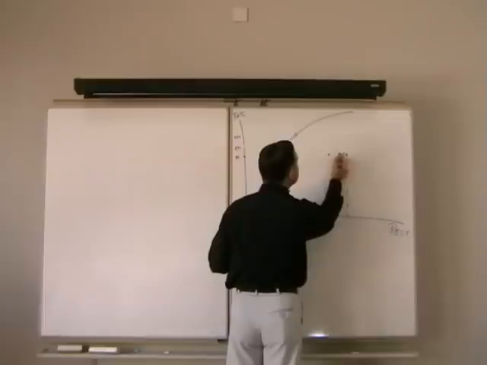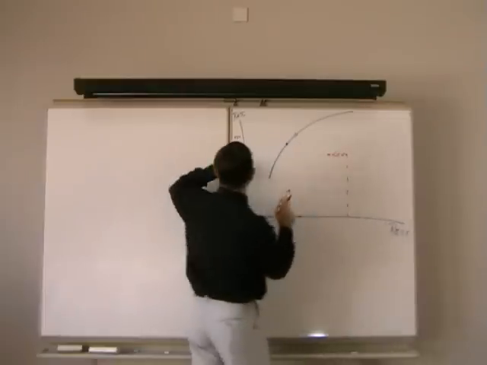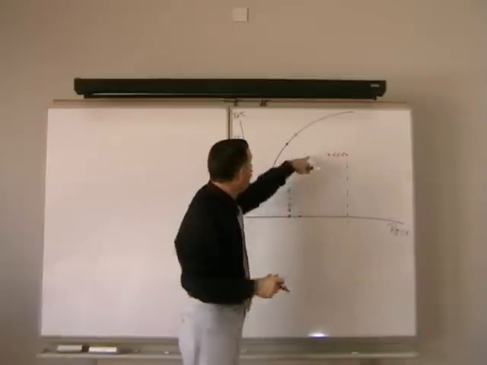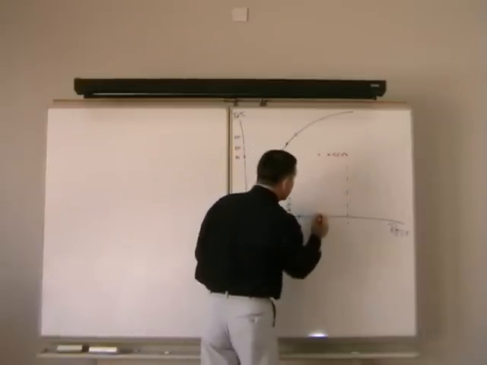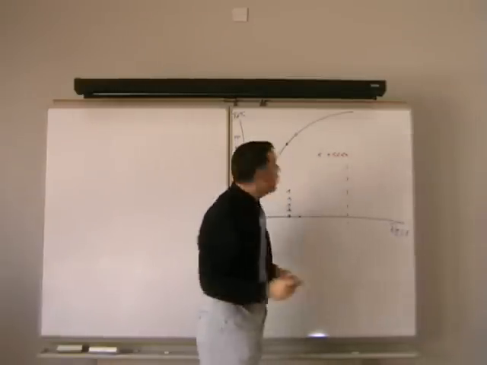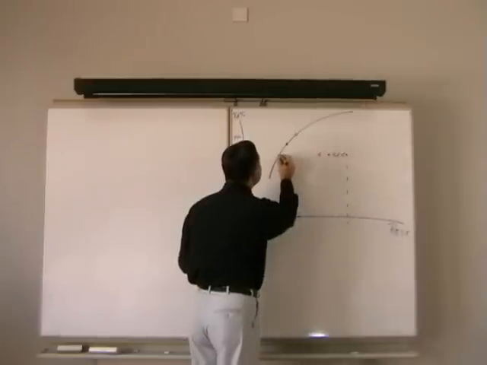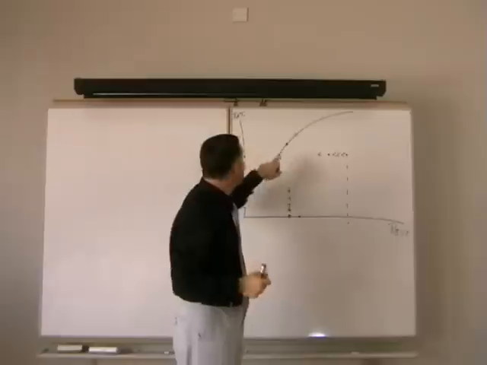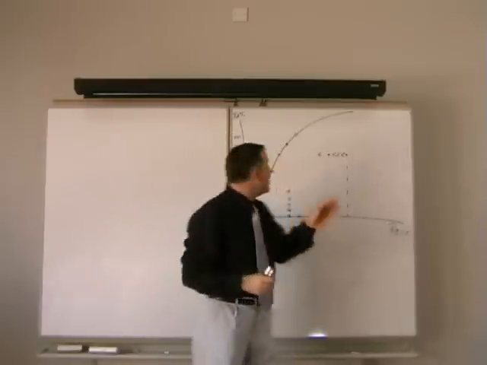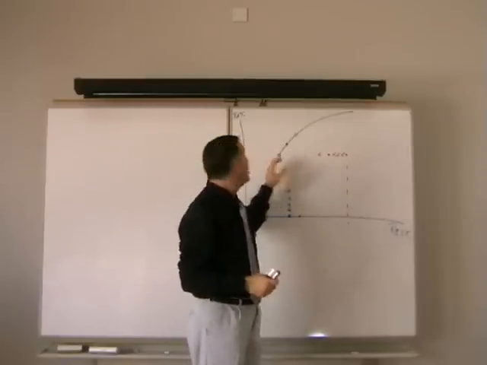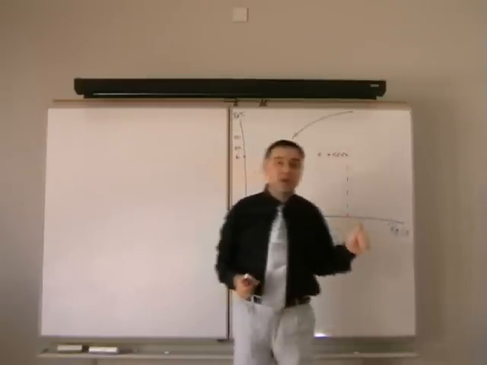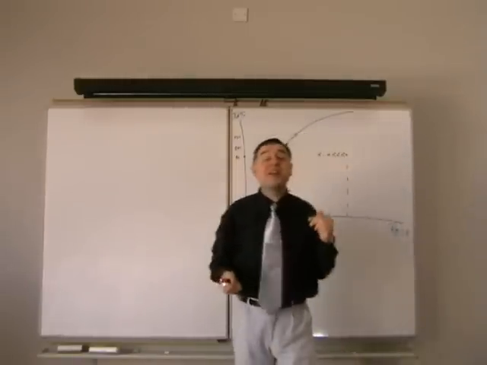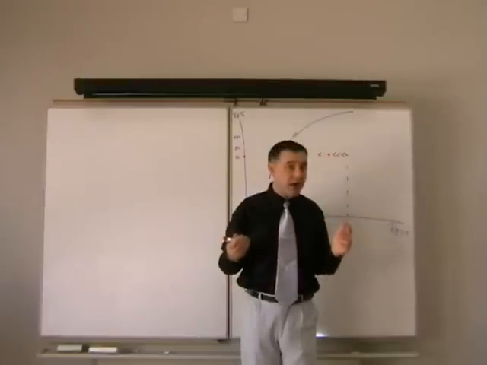Or you could move and get the same return for less risk. Or the same return for even less risk. Well, the point on the frontier will give you the guaranteed minimum risk for which you can attain this particular return.